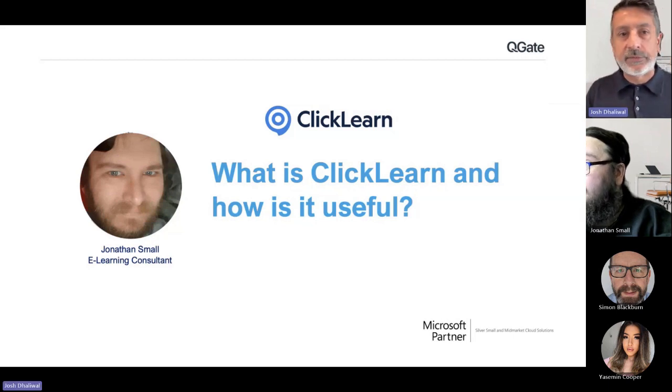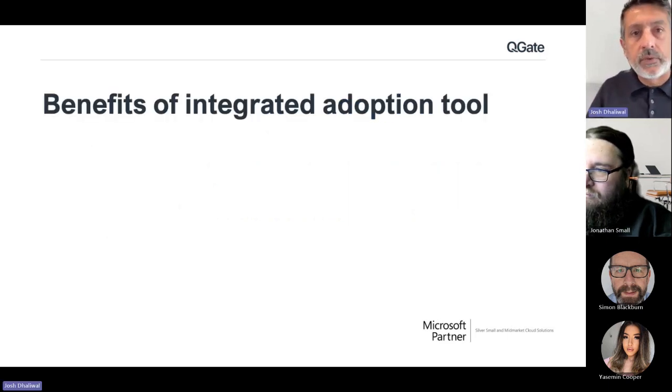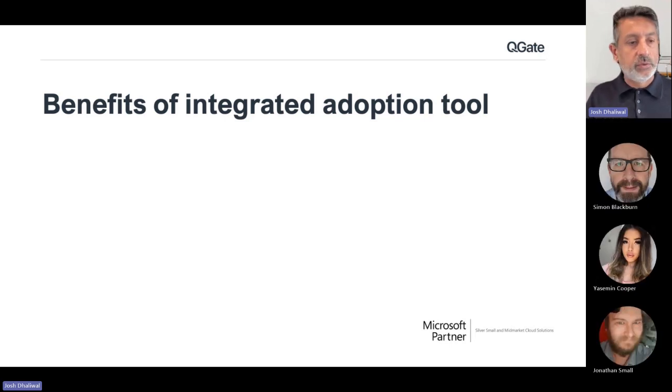Fantastic. Sounds very exciting. Okay, so in summary, the benefits of a user adoption or e-learning tool like ClickLearn, I guess, over other forms of onboarding and learning, I guess firstly is that you're learning by seeing and following.